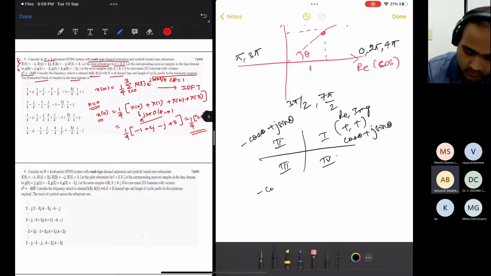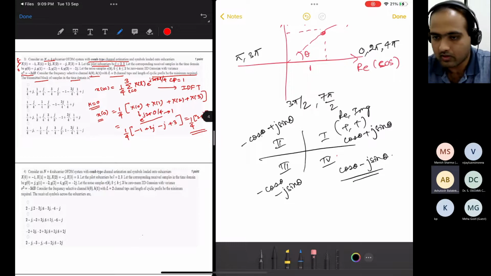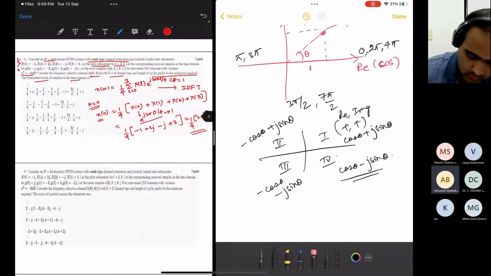Here we have minus cos theta minus j sine theta. And we have cos theta minus j sine theta. Is anyone having any confusion on this, the angular Euler notation? Does anyone have any doubts? All right, so we'll move ahead.